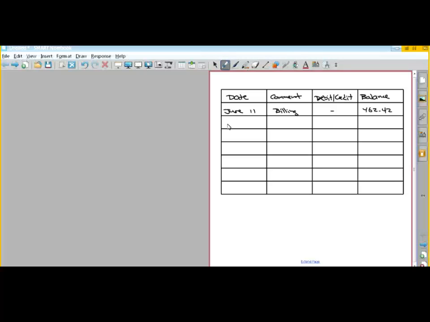Now what happens next is we have June 15th, and on June 15th we have a return. We're going to subtract that from our balance. The return is going to be negative. So it's going to be $106.45.